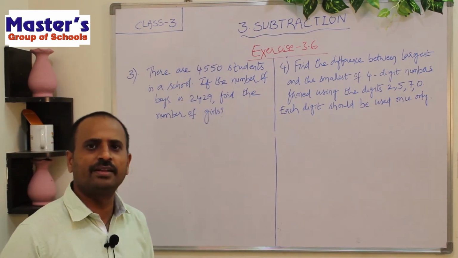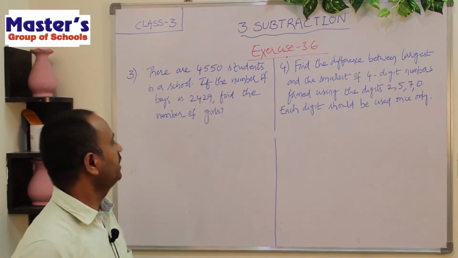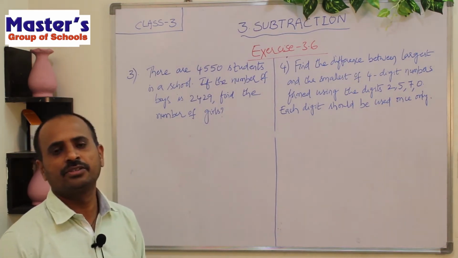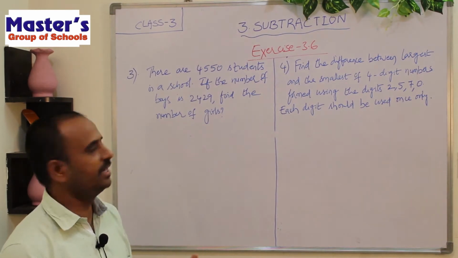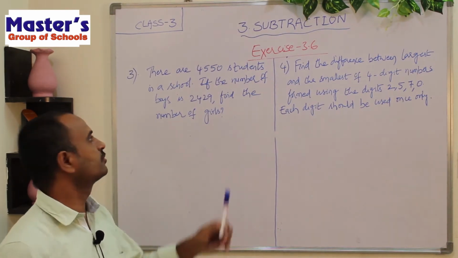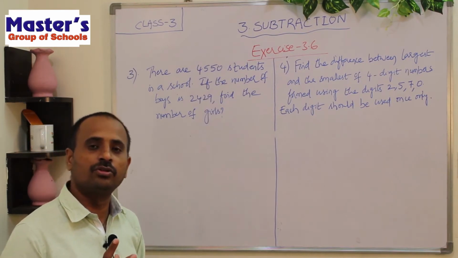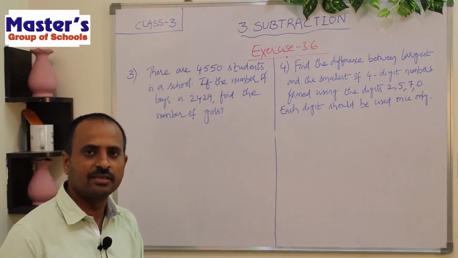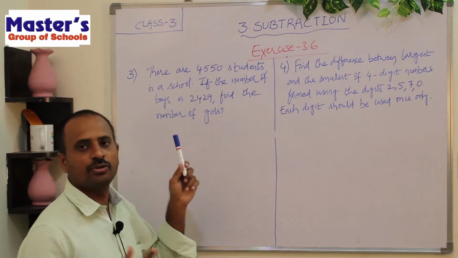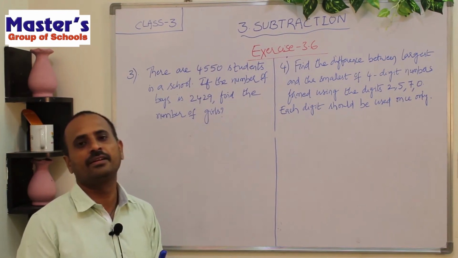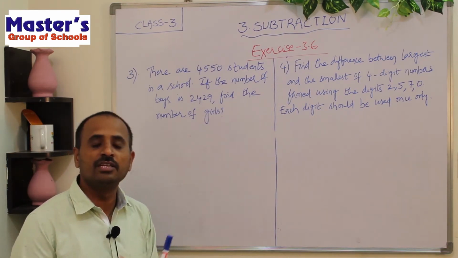So how can we get the number of girls? Either addition or subtraction. The total number of students is 4,550. Among those students, the number of boys is 2,429. So how many girls will be there?